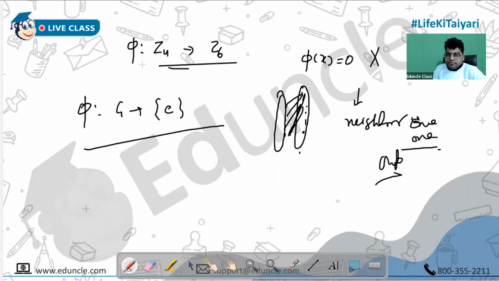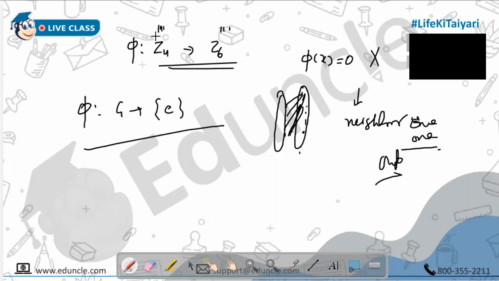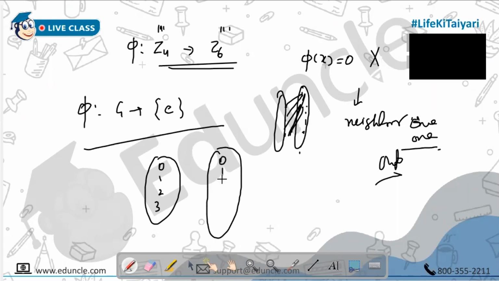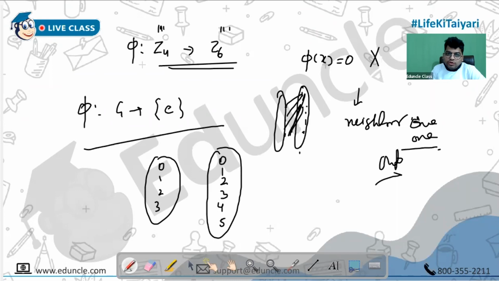So can you say any 1-1 homomorphism exists? Here there are 4 elements, there 6. Will it be 1-1? No. Maybe it can be 1-1. Then it will not be onto. So we have 0, 1, 2, 3, 4, 5. Let us consider that 2 elements are not mapped.